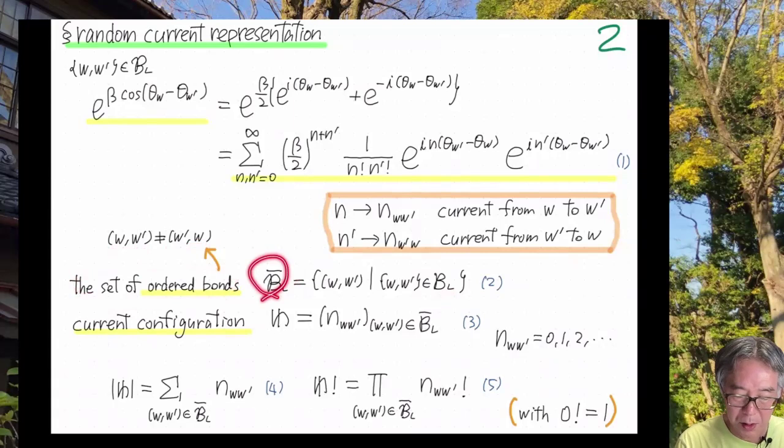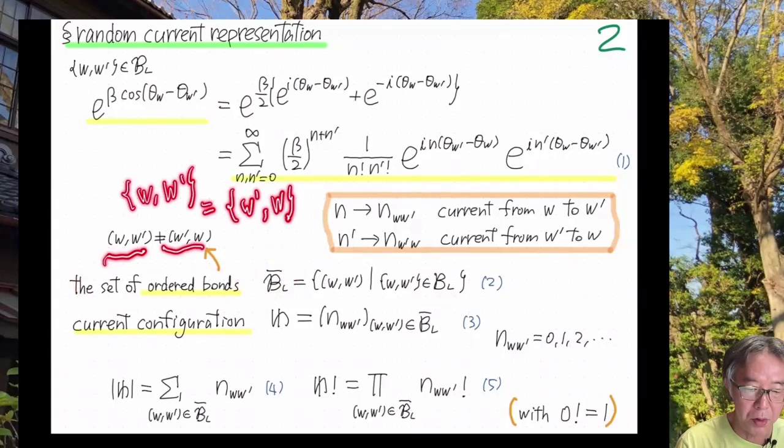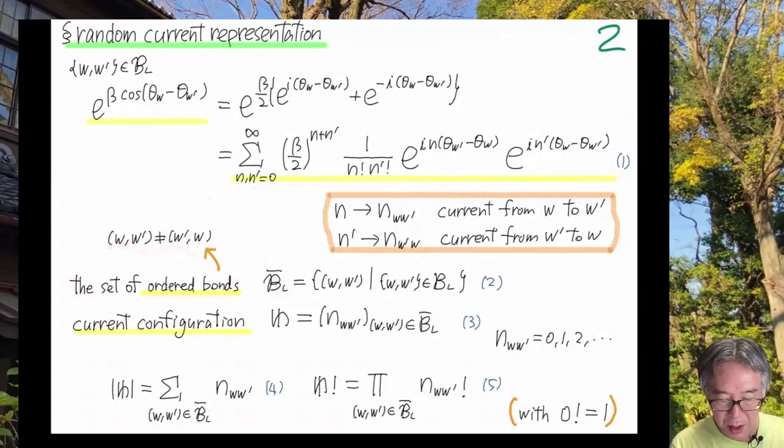Now I distinguish between this and this. So when I write it like this, then this is the set, so these are the same. Now here they denote an ordered pair, so they are different. Okay, so this is B bar. And I denote by n, boldface n, the current configuration, which is simply a collection of the currents n W W prime for all ordered bonds.